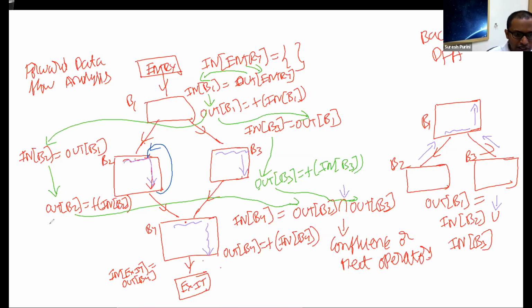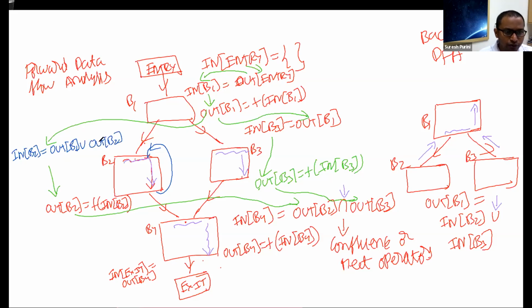Then in of B2 is equal to out of B1 union out of B2.